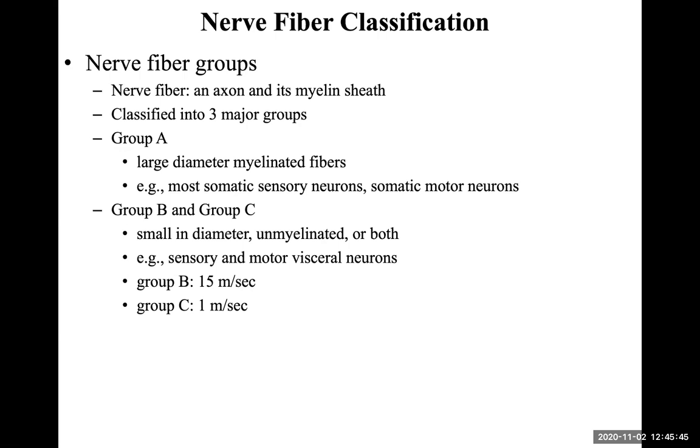And examples of the slower types of fibers are going to be, for example, some of the visceral motor neurons, so those motor neurons that are responsible for smooth muscle control, and then also the visceral sensory neurons.